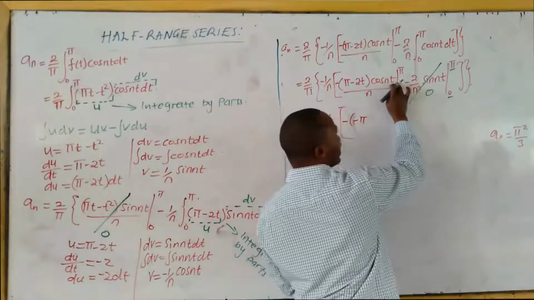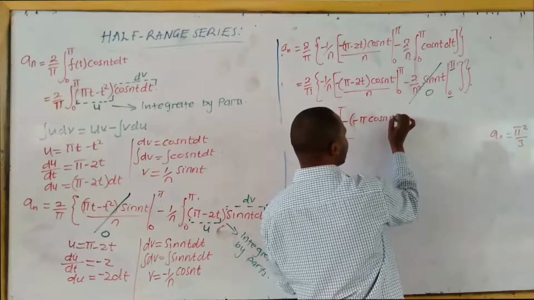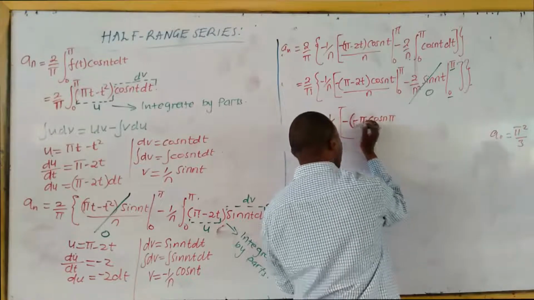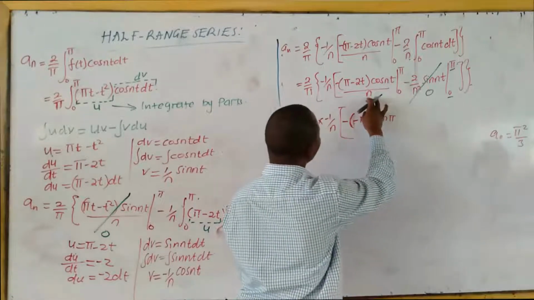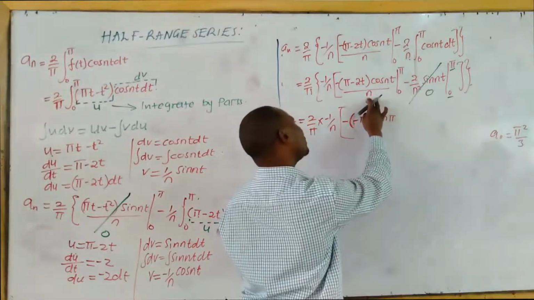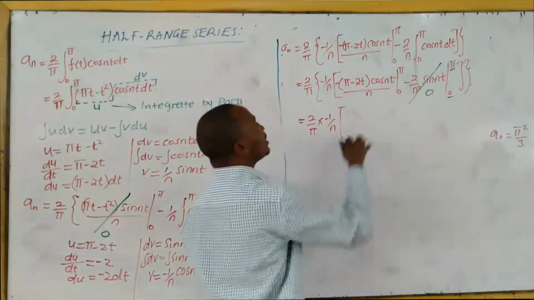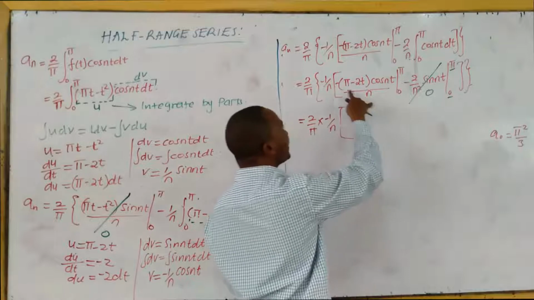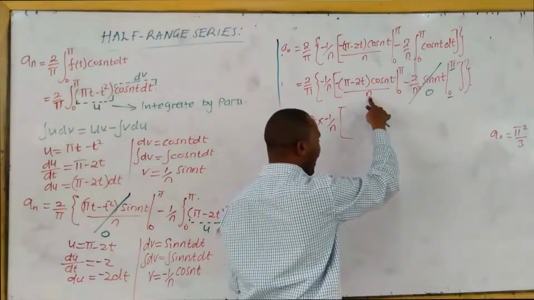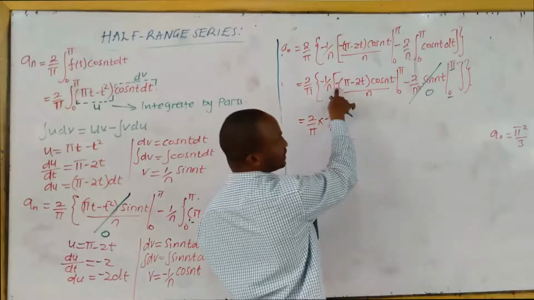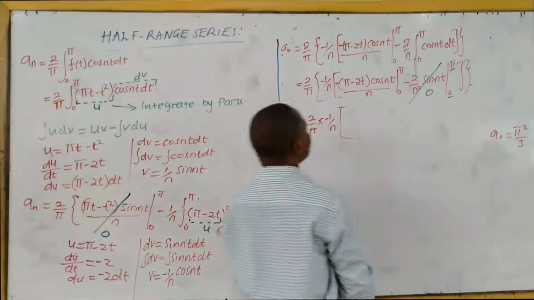Apply pi here, cos n pi, this 1 over n. I would rather, why not do this to be much better for us? This n and the negative, let us factor them out. You have this n and you have a negative here. Let us factor it. It's like this.